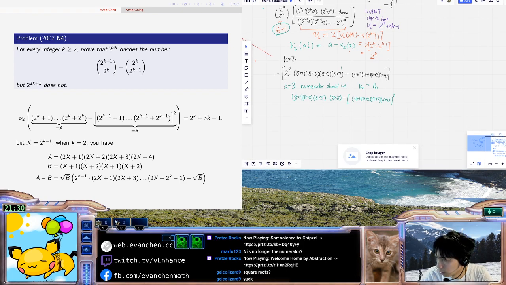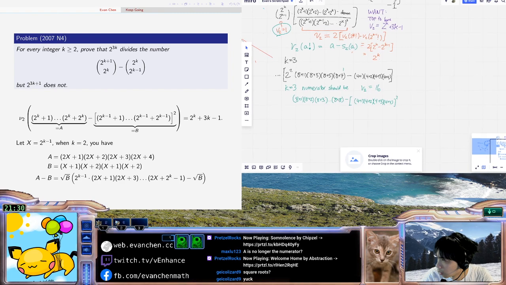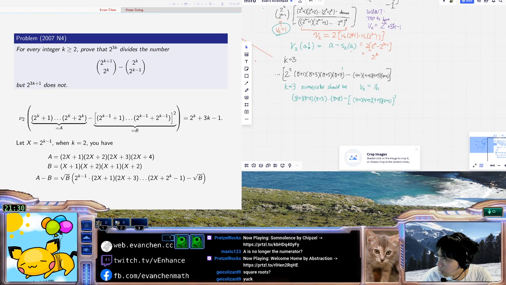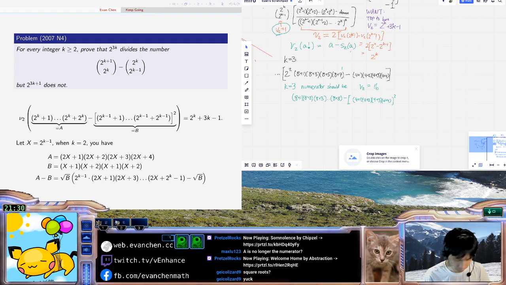Can't get it much larger than that. Okay, is that right? Apparently the v2 is supposed to be equal to 16, which feels kind of high. But I'm gonna roll with it and see what happens.